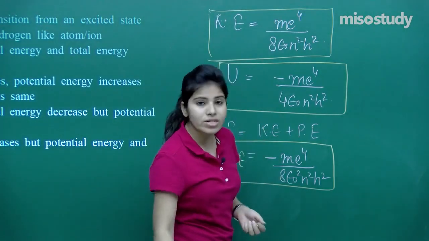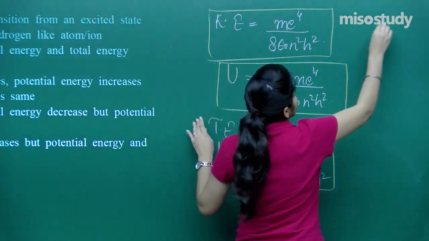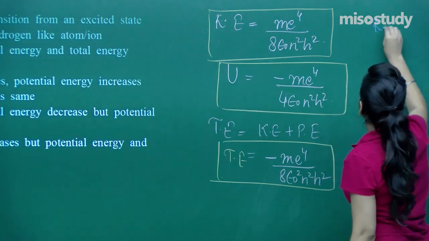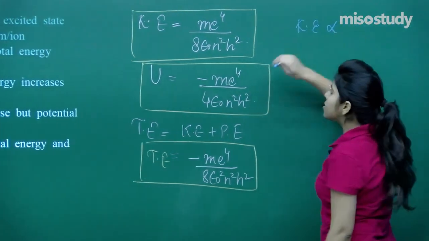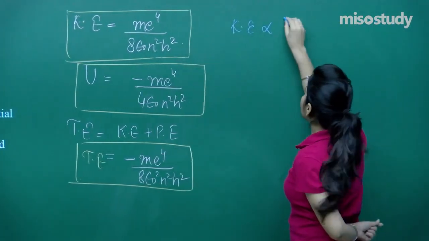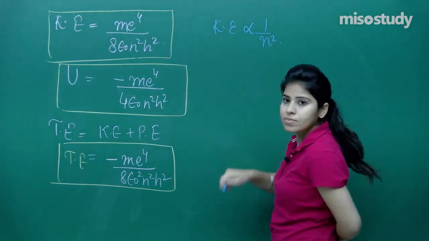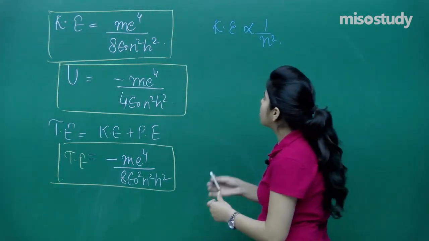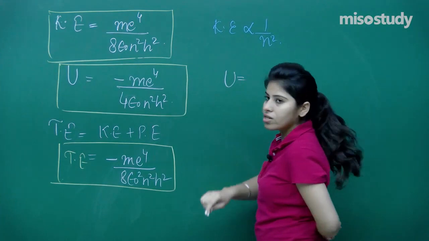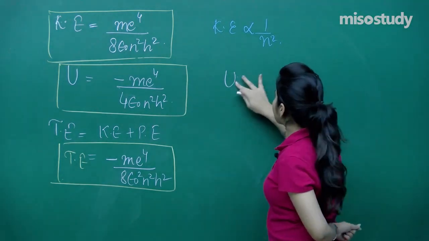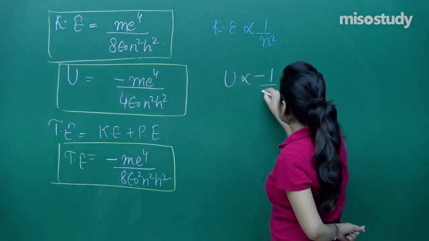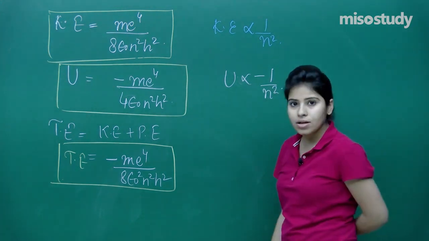What is important over here is that kinetic energy is inversely proportional to n square, and your potential energy is directly proportional to minus 1 upon n square.